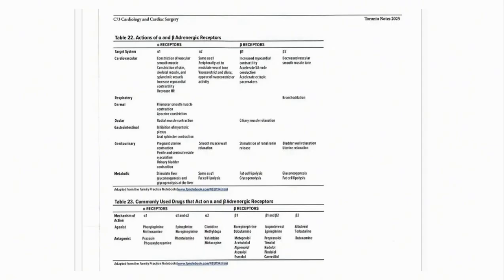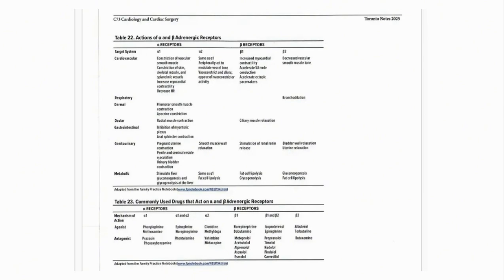More importantly, centrally, they reduce sympathetic outflow, leading to lower heart rate and reduced blood pressure. Genitourinary effects. Alpha-2 stimulation relaxes smooth muscle walls. Metabolic effects. Like alpha-1 receptors, alpha-2 receptors also promote fat cell lipolysis.